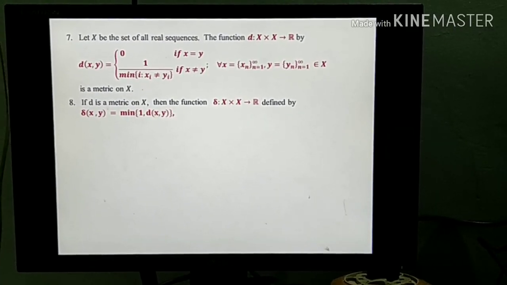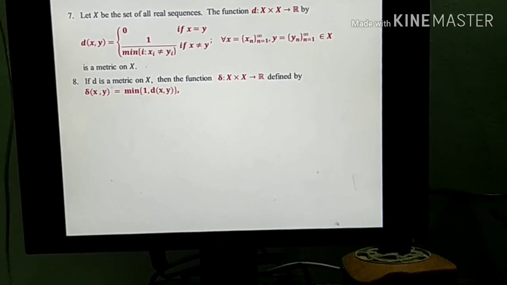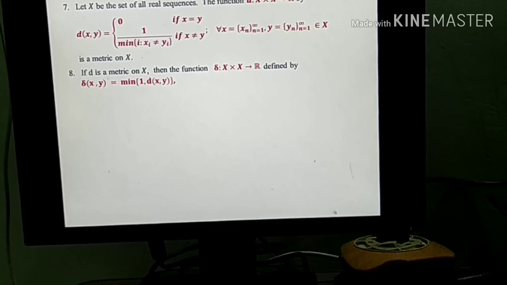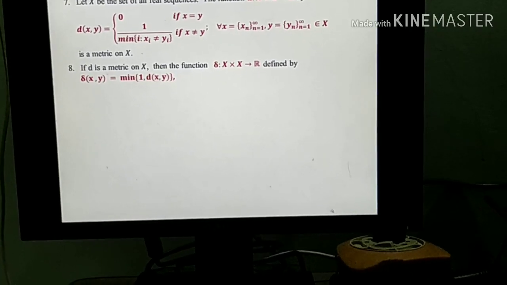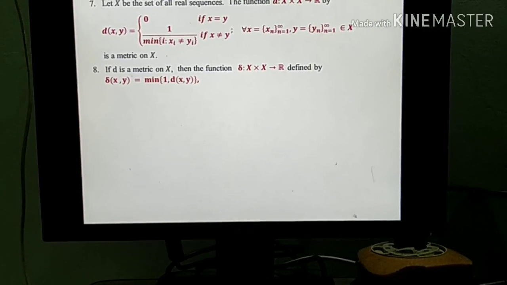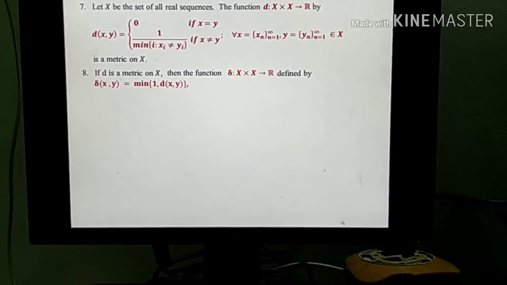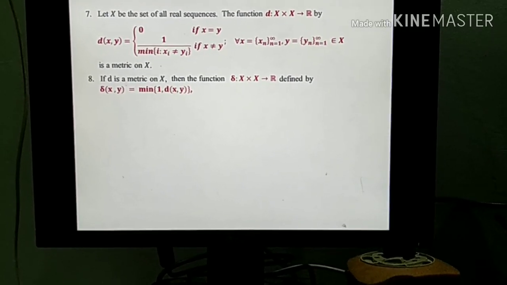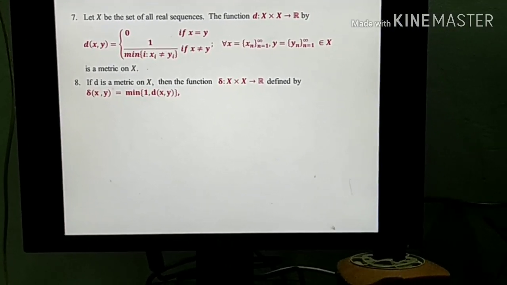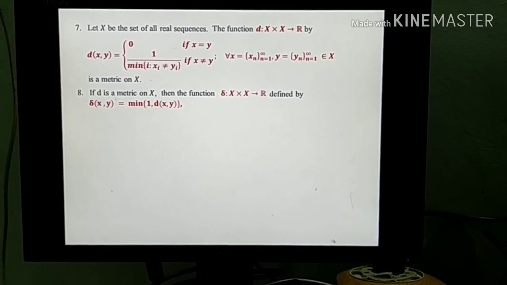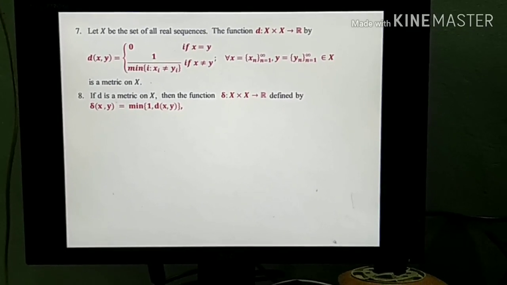Now as dxz is less than or equal to dxy plus dyz, the minimum of 1 and dxz is less than or equal to minimum of 1 and dxy plus dyz, and it is again less than or equal to minimum of 1 and dxy plus minimum of 1 and dyz, and therefore indirectly this will be equal to delta xy plus delta yz. Hence the triangle inequality delta xz less than or equal to delta xy plus delta yz is satisfied by delta, and hence delta becomes a metric on X.